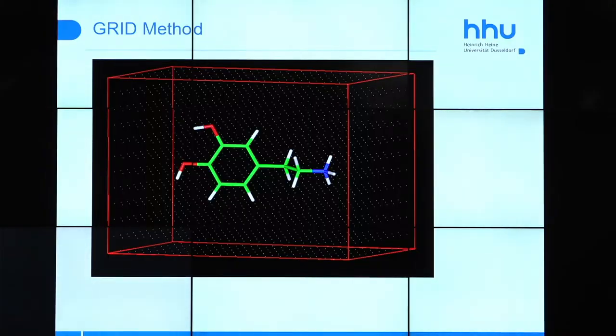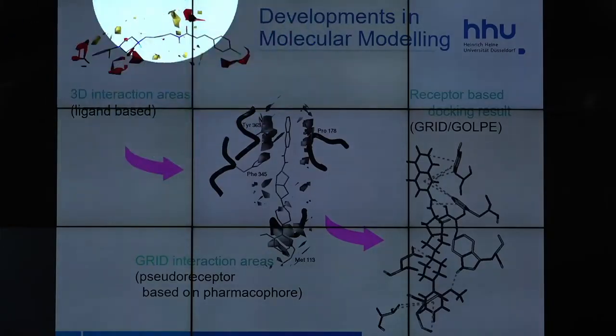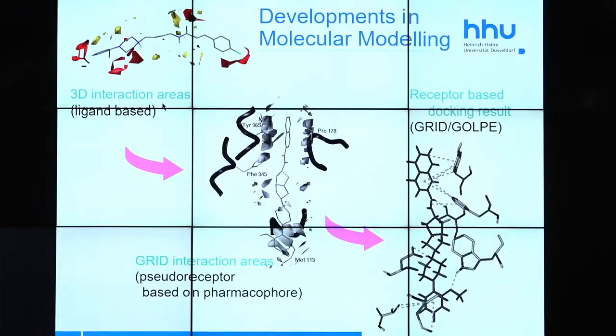your activity, your profile, your target, your off-targets, to investigate what's really happening there in the grid and so on. Yeah? Then the computer scientists can make your 3D interaction bases, mostly ligand-based, sometimes structure-based, depending on what you really have.